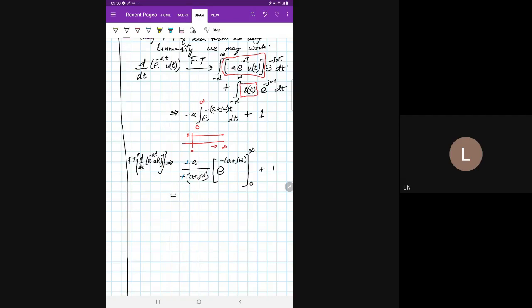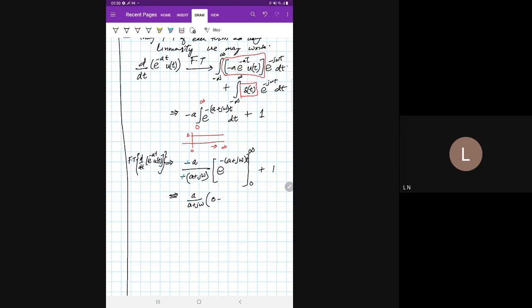So the Fourier transform of d by dt of e raised to power minus at u of t will be equal to a divided by a plus j omega into e raised to power minus infinity. E raised to power minus infinity will be equal to 0. E raised to power 0 is equal to 1.